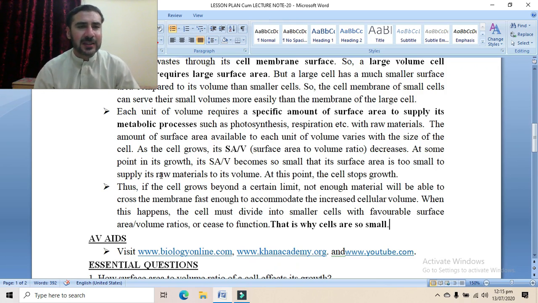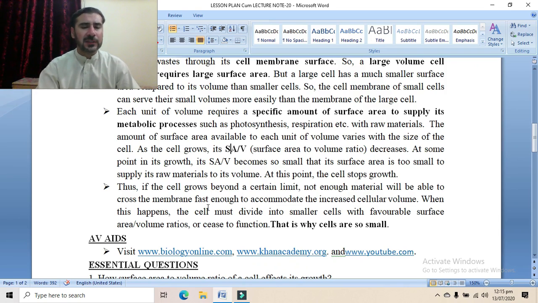In this case, the surface area to volume ratio, the SA by V ratio, is higher for the small cells because the surface area is higher and the volume is less. But in case of large cells, the surface area is less and the volume is more.